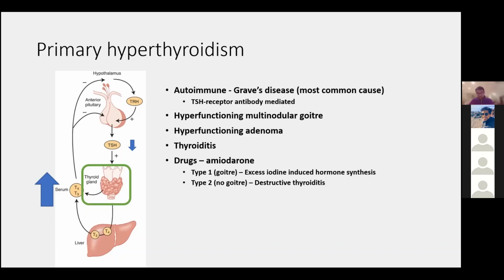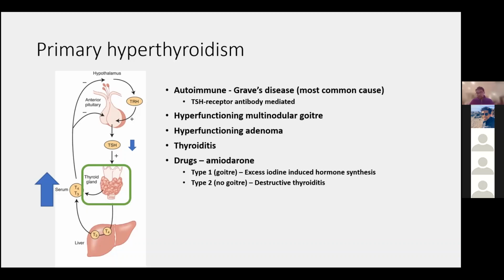Drugs can also cause your thyroid gland to increase its hormone production. So there's two different types here. Type 1 is where you get a goiter, and this is usually because of a drug like amiodarone, which is iodine rich, and this drives hormone synthesis through the excess iodine that you're supplying the gland. And because you're producing more hormone, the gland gets bigger as a result.